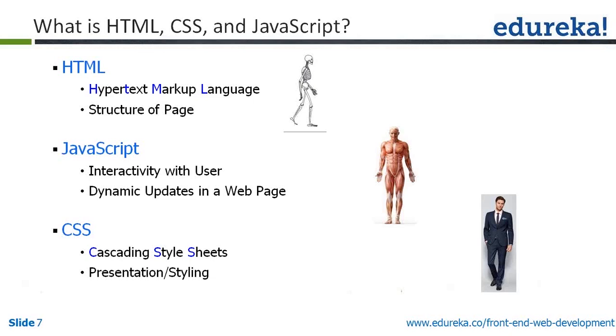JavaScript provides the interactivity with the user and provides dynamic updates on the web page. You can compare that to how you need muscles to move the different limbs of your body. And CSS: once you have the body with muscles, it's not good enough. You need to present it in a nice looking fashion.